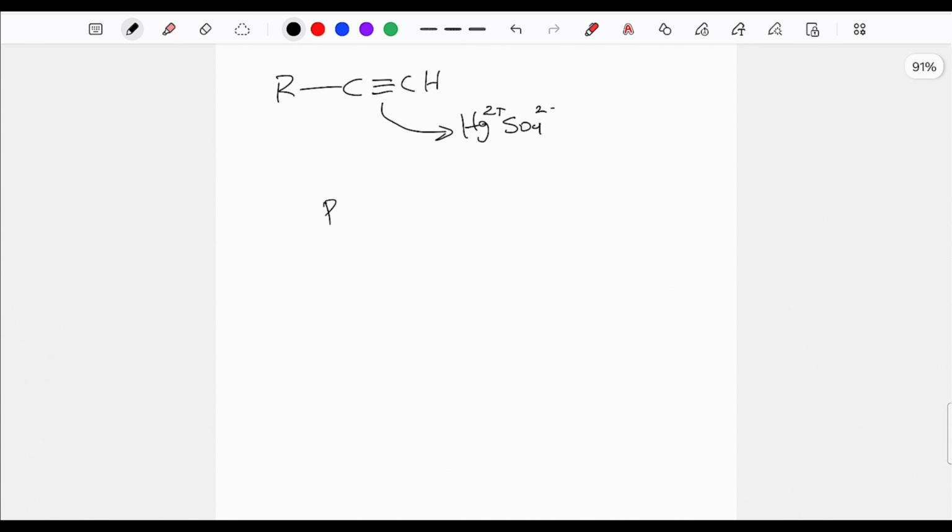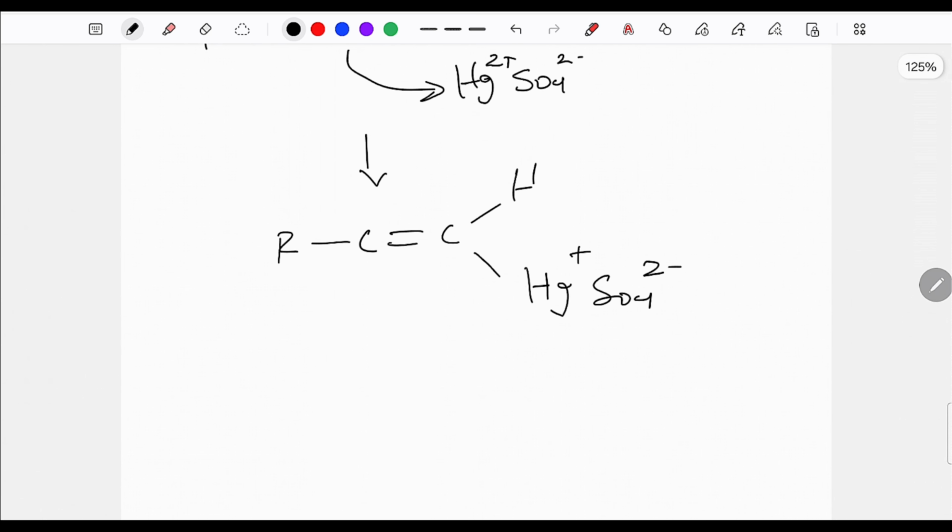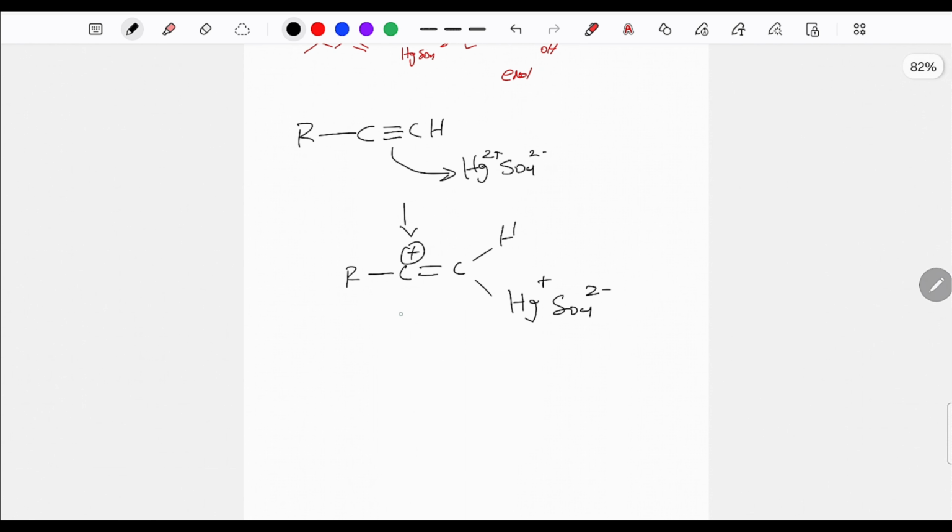So now we're going to have our carbon double bonded. We still have our hydrogen, and now we have the mercury. Instead of it being 2 plus, now it's plus SO4 2 minus, because it's made one bond now. Am I missing something? Of course, I'm missing a plus charge. There is a carbocation that's formed now.